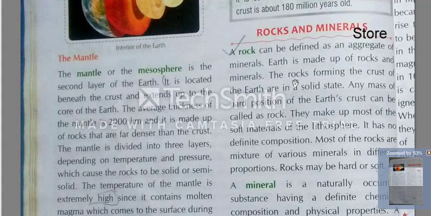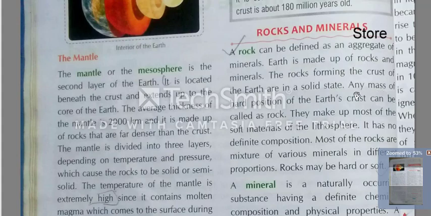Now see the rocks. The rocks forming the earth's crust, the layer of earth, are in a solid state. Any mass of hard portion of the earth's crust can be called a rock. Here mass means gather, and gather means collection. Here we can use gather, G-A-T-H-E-R.